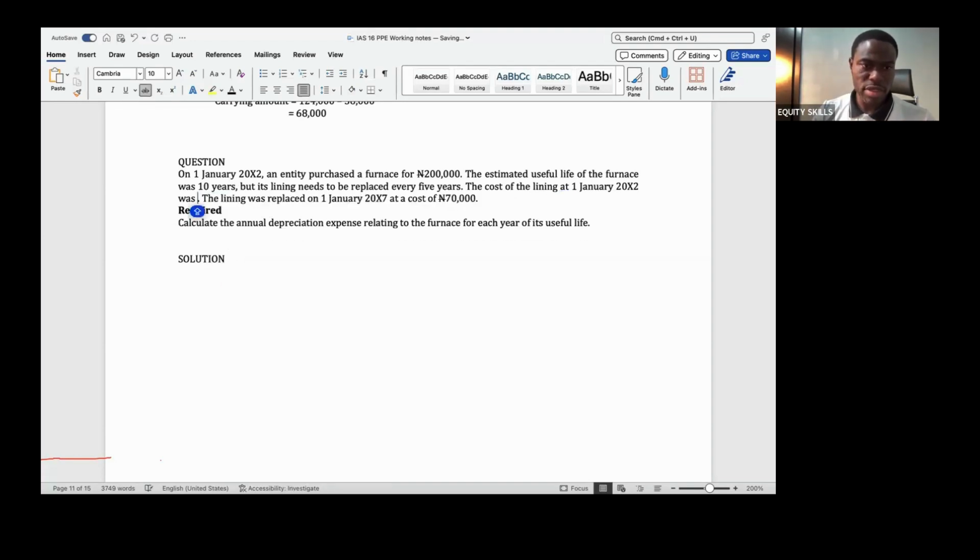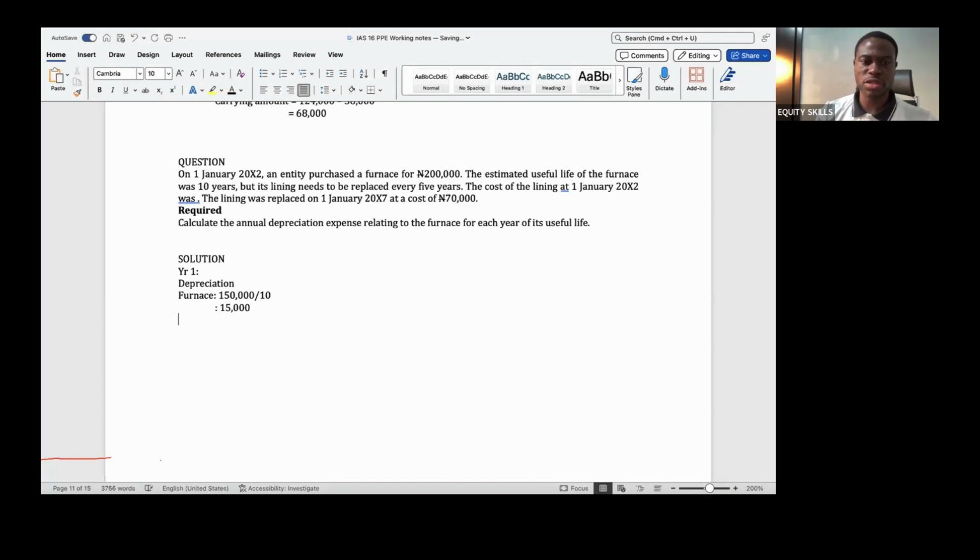So from 2002 December, meaning from year 1, the depreciation you do for the furnace, which is 150K, divided by how many years? 10.